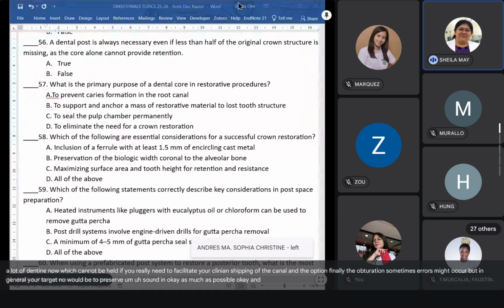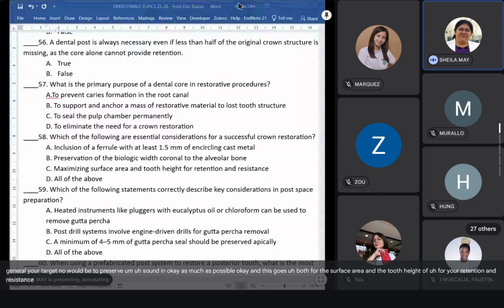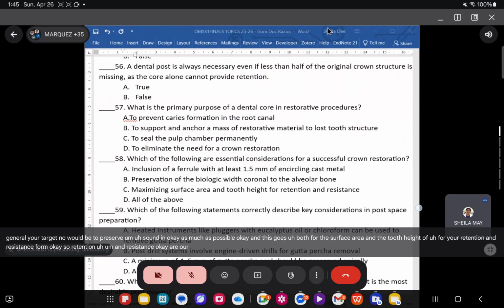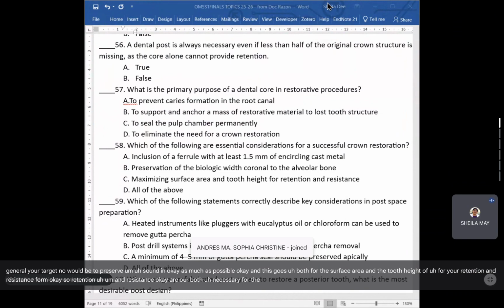Okay, and this goes both for the surface area and the tooth height, for your retention and resistance form. Retention and resistance are both necessary for the longevity of your final restoration.